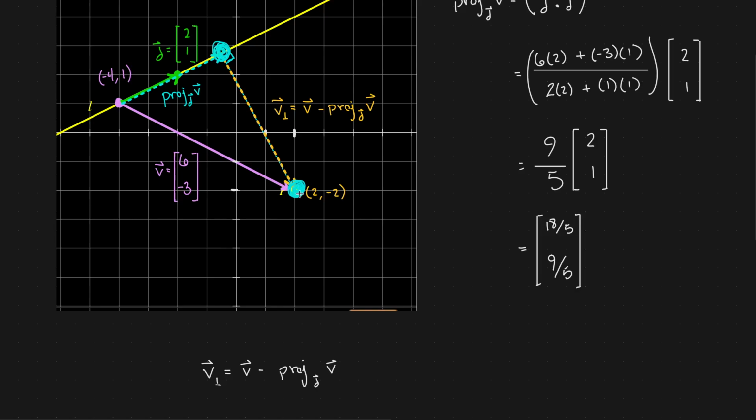The vector I want it to end at is the tip of vector V. The vector I want it to start at is the tip of the projection vector. So end minus start gets me what I want. Okay, vector V is, what was it? 6, negative 3. Minus the projection vector, 18/5, 9/5.